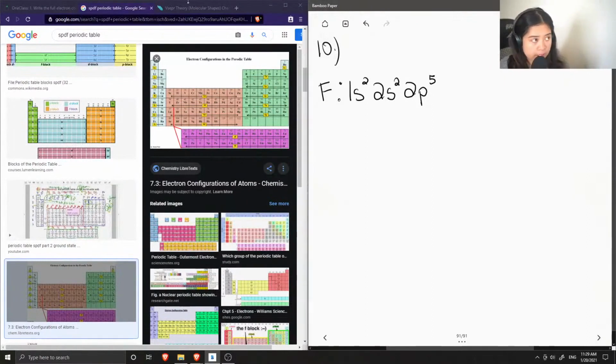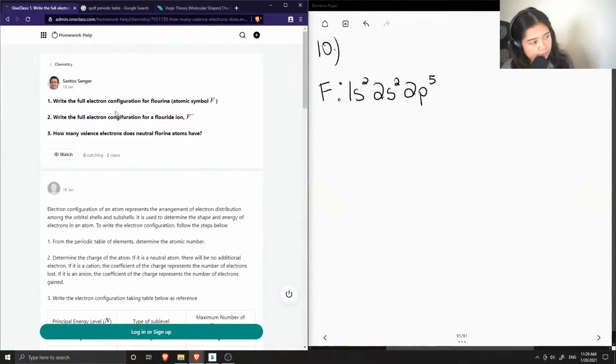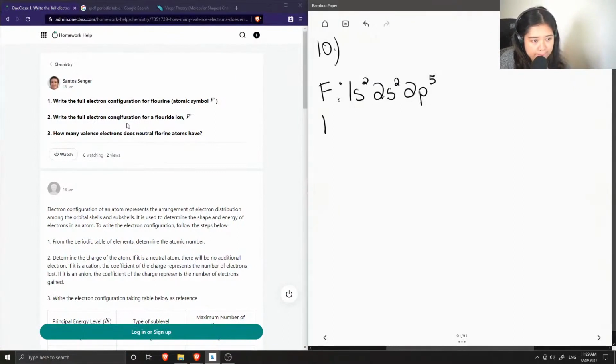And now the question says to write the full electron configuration of a fluoride ion, so F-. The difference between F and F- is that the fluoride ion now has an extra electron. This is why it has a negative charge.